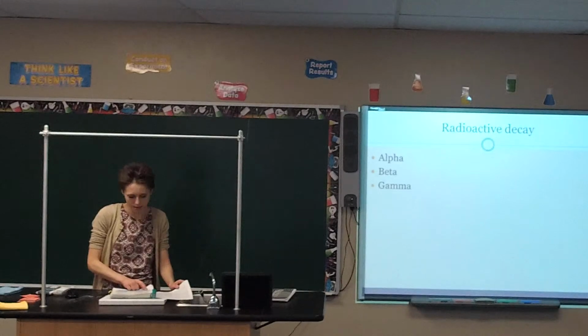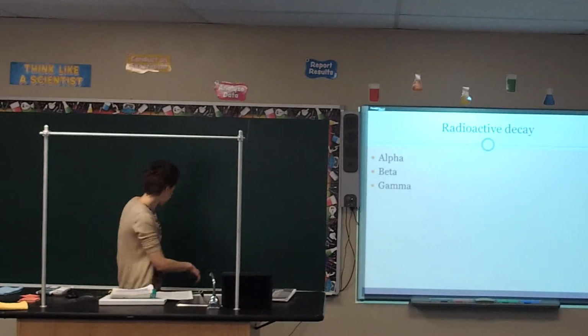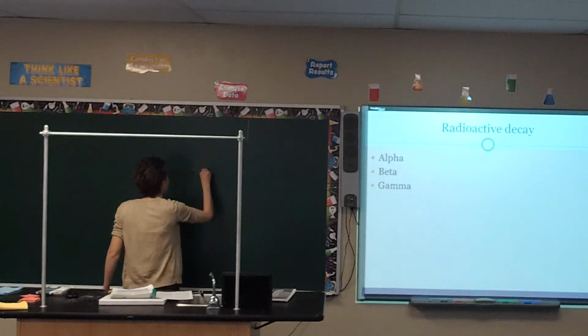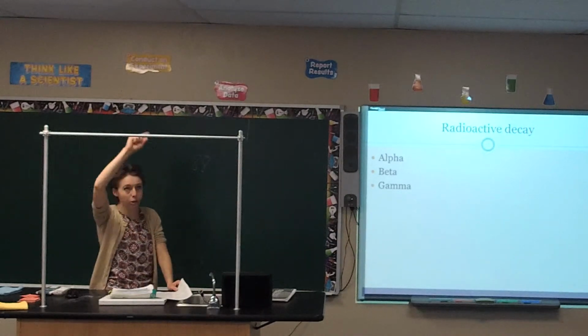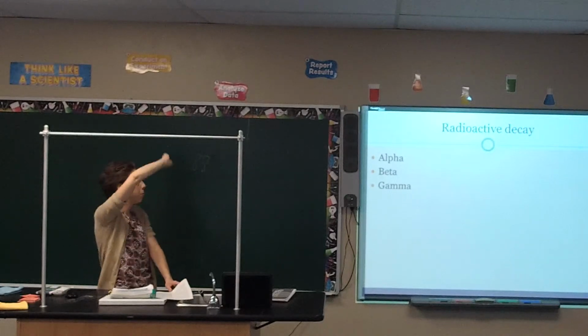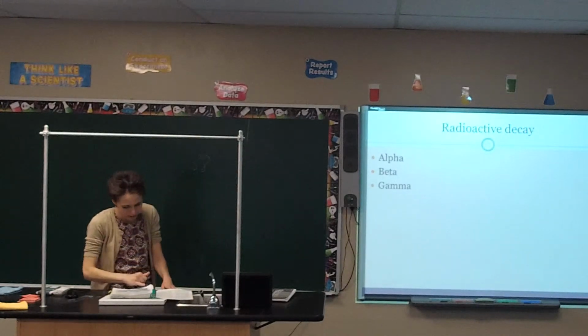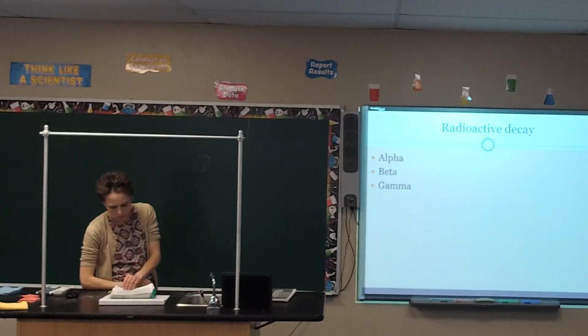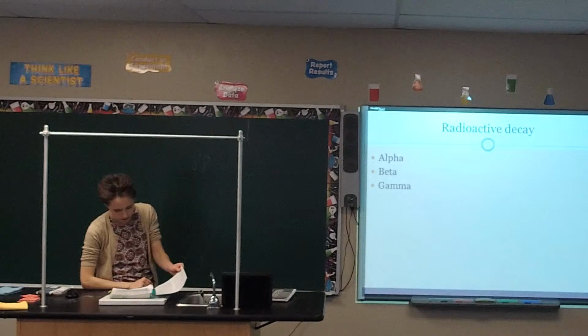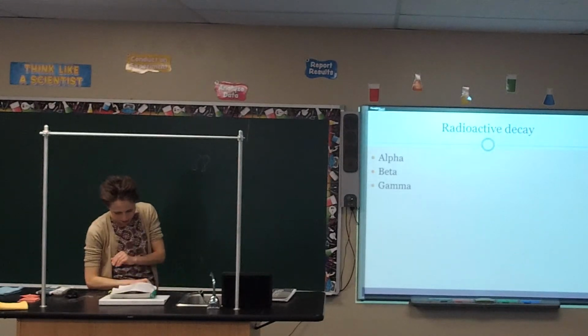Find it. Radium has 88 protons. If you go down, it's in that second column. So if you're looking up and down, there's the first column and there's the second column. All the way down at the bottom of the second column, you have radium. So radium has 88 protons.